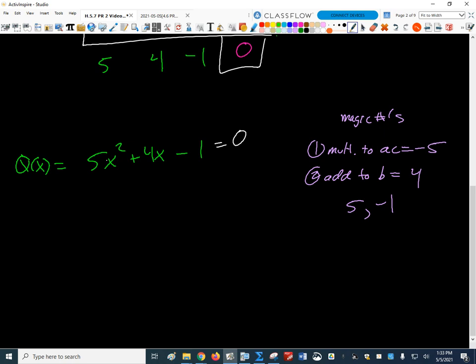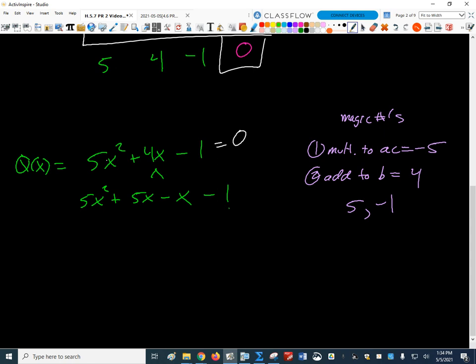So then we can just factor this thing by grouping. We'll just split that middle term, right? 4x will split up into 5x minus 1x. Everybody agree? And so we get 5x squared plus 5x minus x minus 1, right?